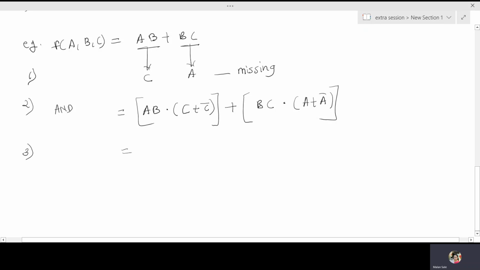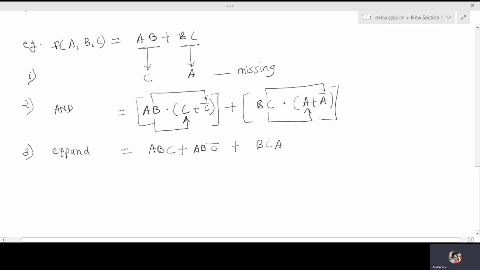Third step, expand and reorder. In expand operation, by applying the distributive laws, expand the expression. AB is first multiplied with A C, ABC plus AB is multiplied with C bar.